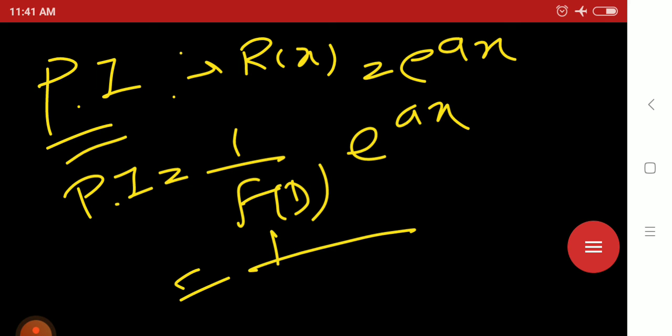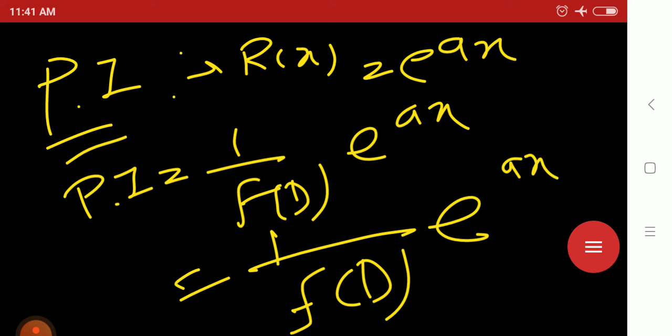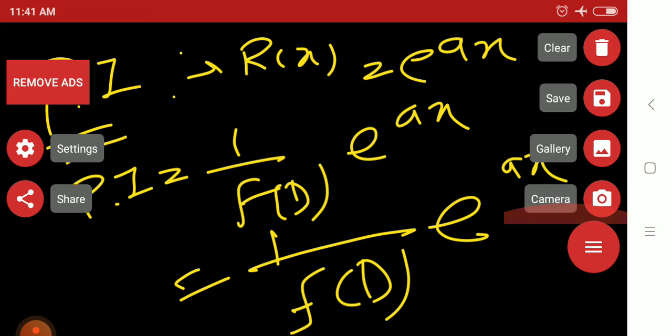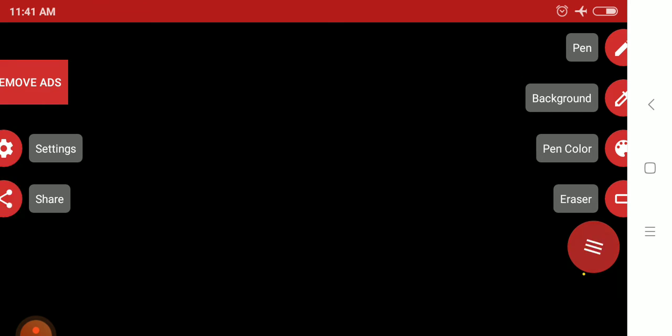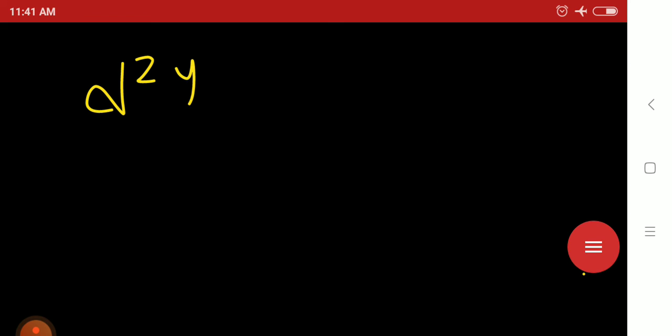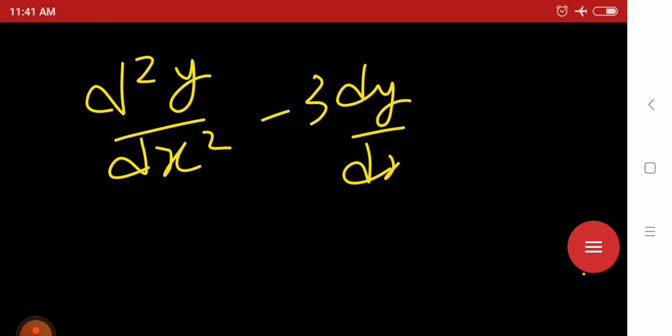f of D equals what? f(a). Now here is the main question. How will you calculate f of D? What is f of D here? In the question you have d2y by dx square minus 3 dy by dx plus 2y.